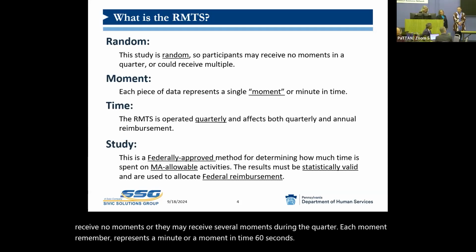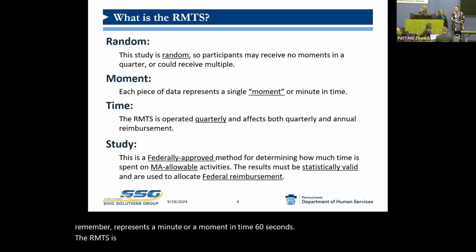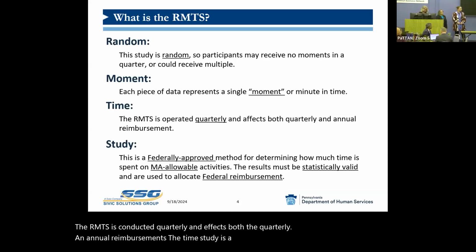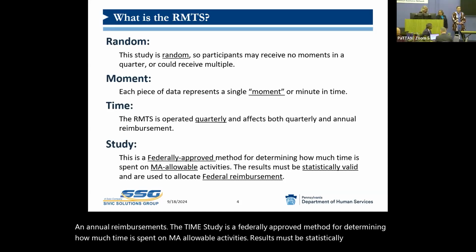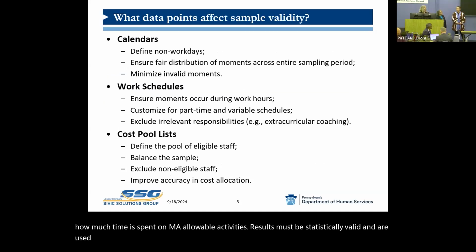The RMTS is conducted quarterly and affects both the quarterly and annual reimbursements. The time study is a federally approved method for determining how much time is spent on MA-allowable activities. Results must be statistically valid and are used for federal reimbursement.